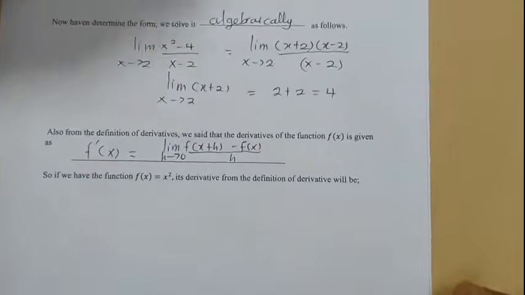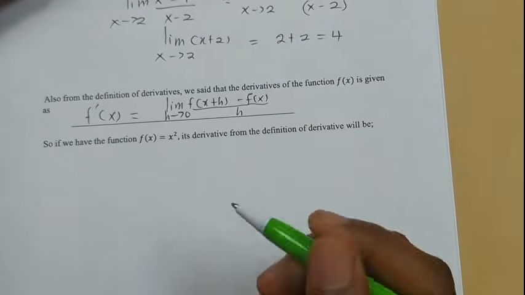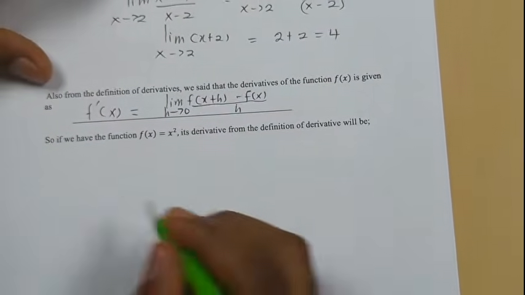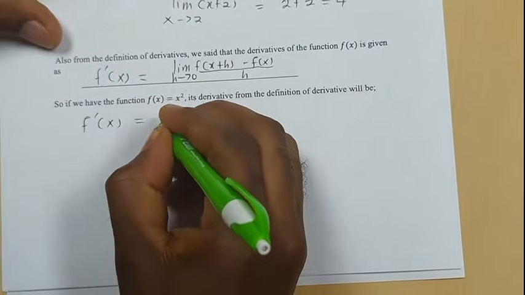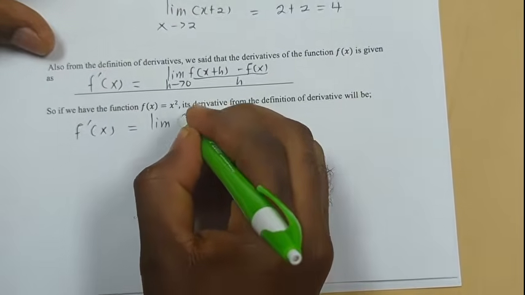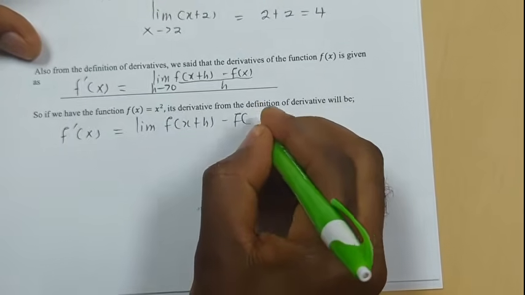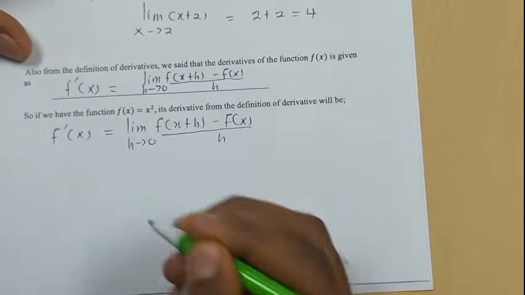And how do we use this? So for example, if we have a function f of x equal to x squared, the derivative of this function, using the definition of derivative, we say that f prime of x will be equal to the limit of f of x plus h minus f of x all over h as h approaches 0.